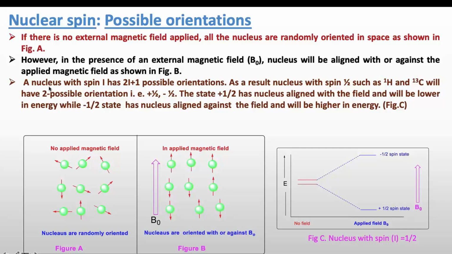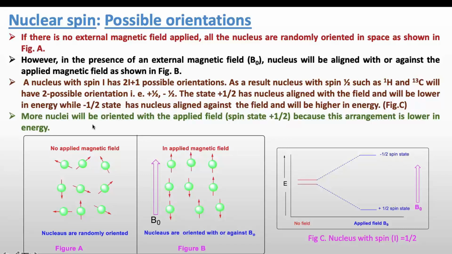As we have seen in the last slide, a nucleus with spin I has 2I plus 1 possible orientations. As a result, a nucleus with spin 1/2, such as proton and 13C, will have two possible orientations, that is plus 1/2 and minus 1/2. The plus 1/2 state has the nucleus aligned with the field and is lower in energy, while minus 1/2 has the nucleus aligned against the field and is higher in energy.